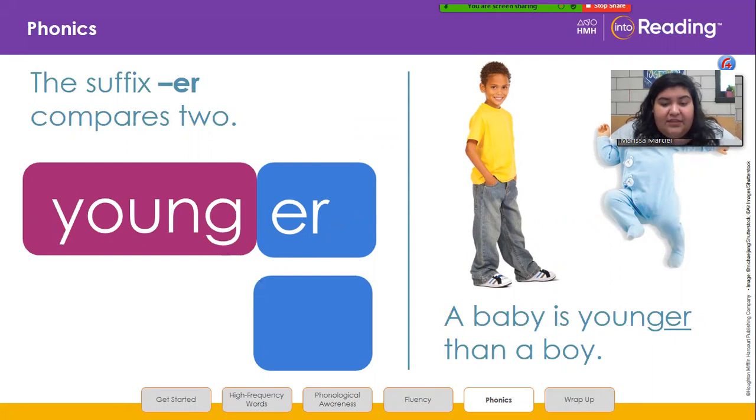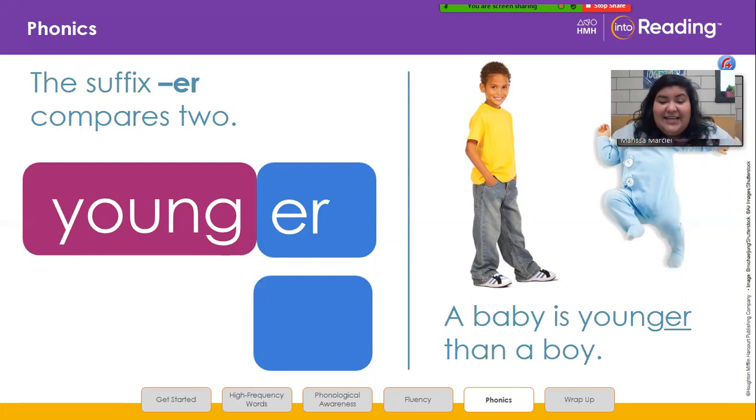The word without the ending is called the base word. The base word. Okay, that means the word by itself. The base word is what again? It's young. Okay, so let's move your hand from the ER that you're covering, right? And it turns into younger.